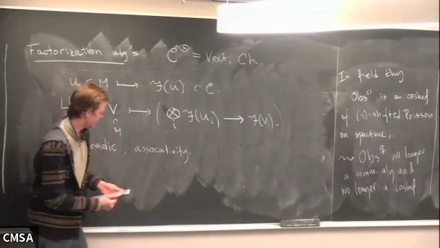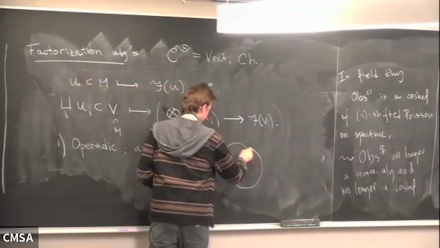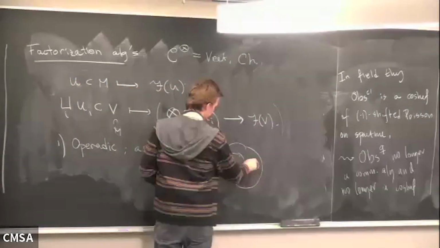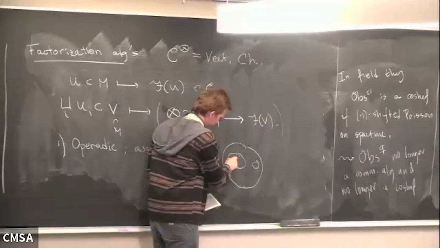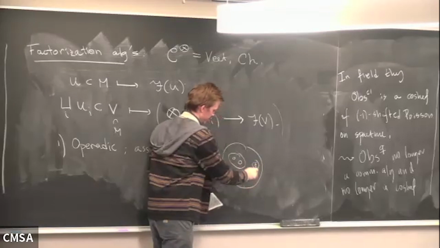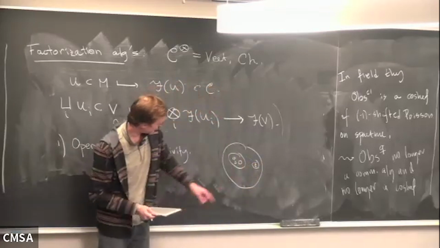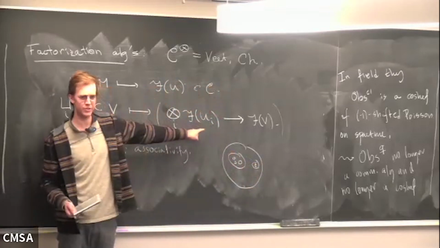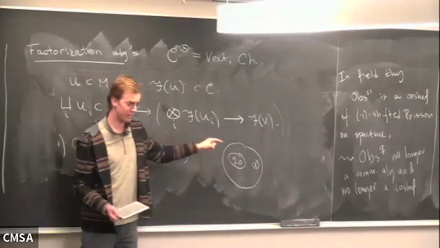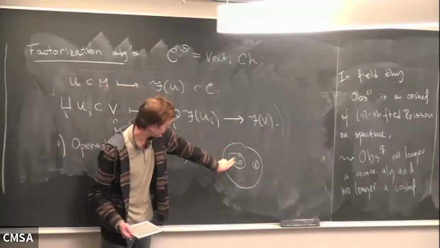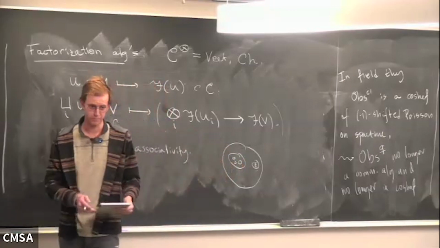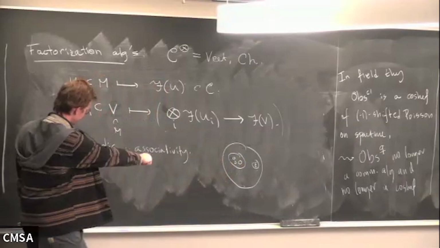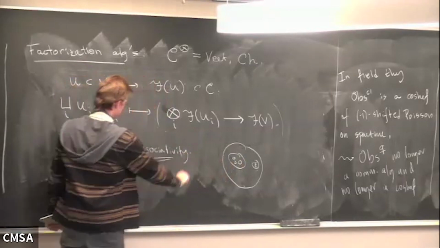You can hopefully imagine what I mean. I'll just draw a picture. If I have some disjoint open sets sitting inside of some big open set, and possibly some smaller open sets which even sit inside those open sets, I get a ton of structure maps. I potentially have two different ways of going from the smallest open sets to the biggest open set, and I want those ways to be equivalent. That's what I mean by associativity here.